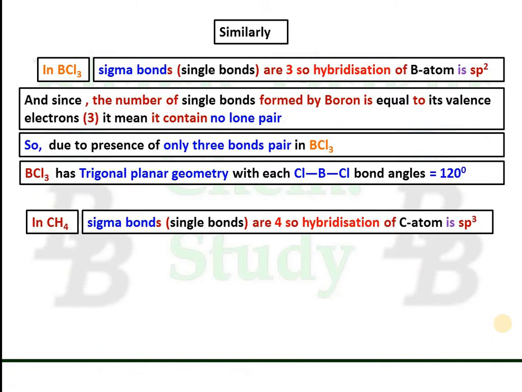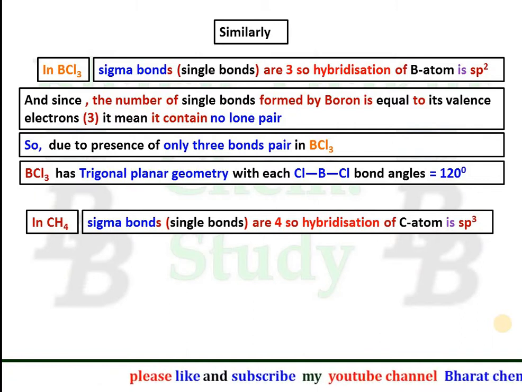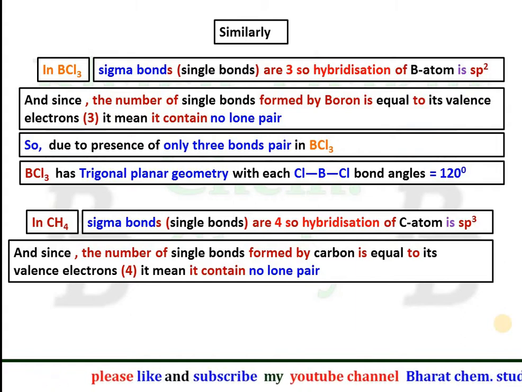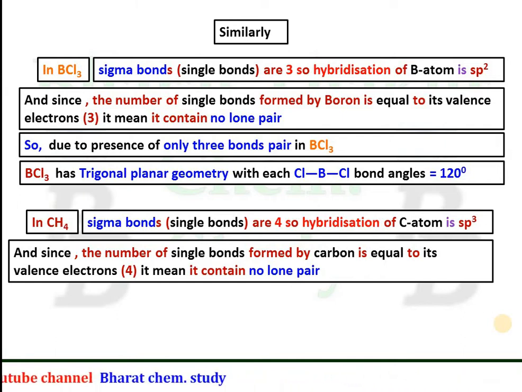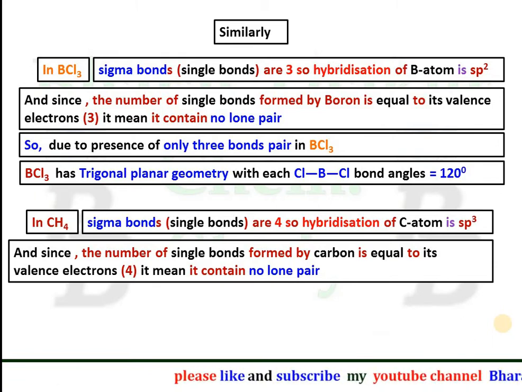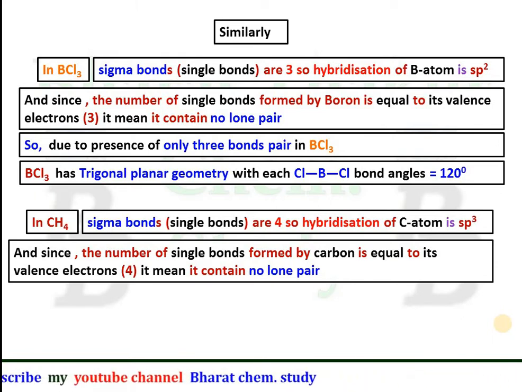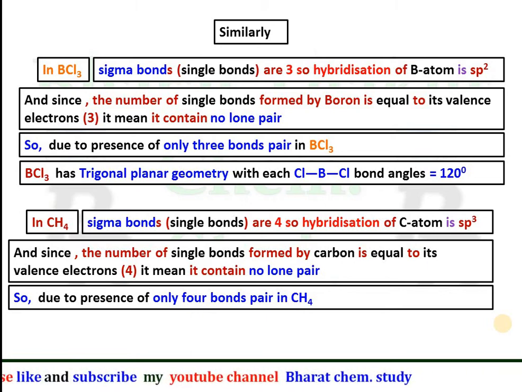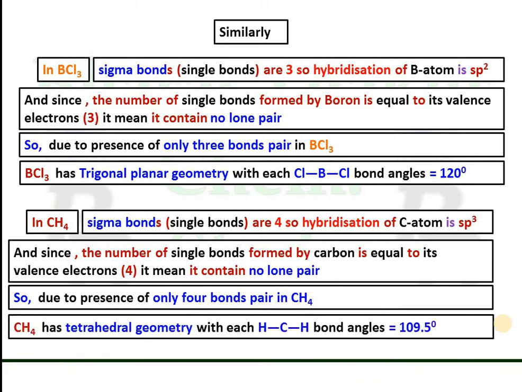Therefore the hybridization of the carbon atom in methane is sp3, and since the number of sigma bonds formed by carbon in methane is equal to its valence electrons, 4, that means carbon utilizes all of its 4 valence electrons in bond formation with 4 hydrogen atoms, and therefore it does not contain any lone pair and contains only 4 bond pairs. So due to the presence of only 4 bond pairs in methane, methane has tetrahedral geometry with each H-C-H bond angle equal to 109.5 degrees.